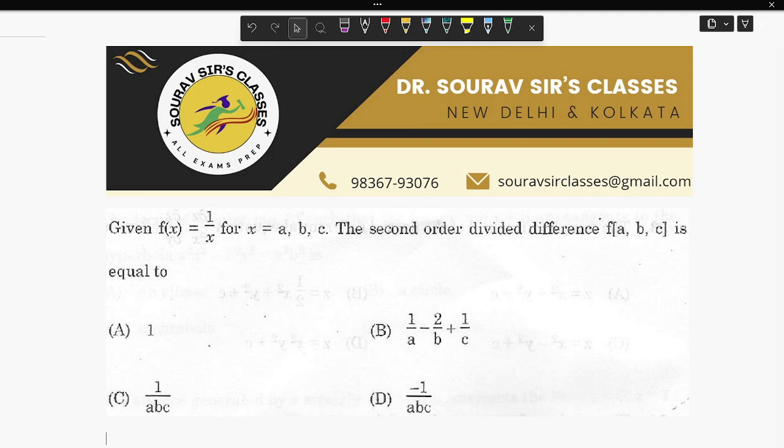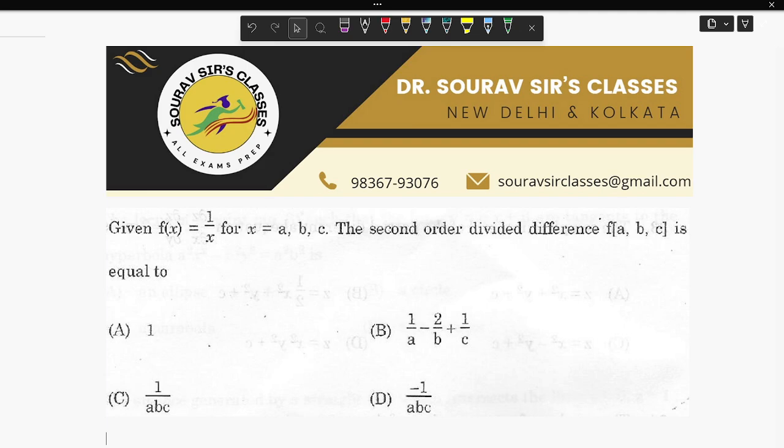Okay. So now we are going to solve a mathematical problem which appeared in 2024 in the question paper of PUMDET. The question says: given f(x) = 1/x for x = a, b, c, the second order divided difference f[a,b,c] is equal to, and there are four options.